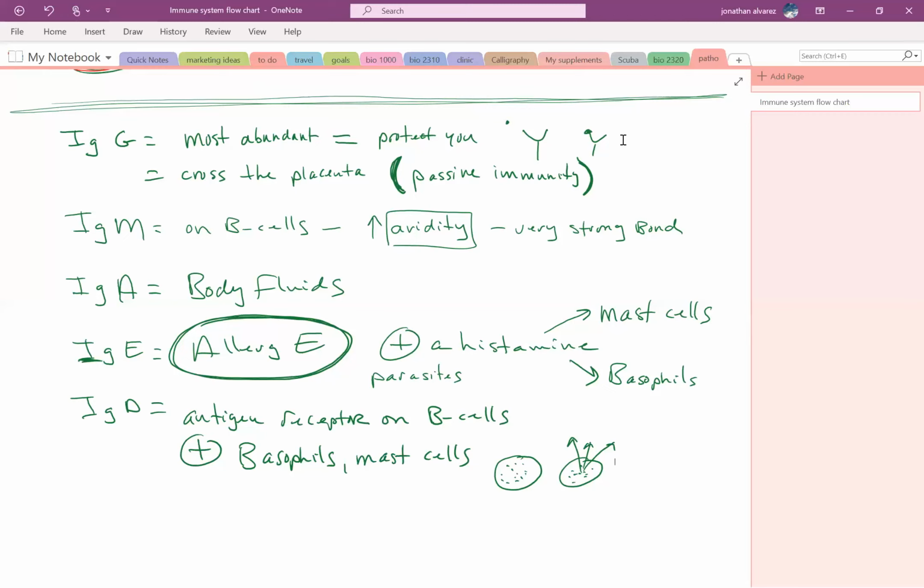So IgM is if you have it now, and by definition within 14 days. And then IgG is if you think you had it. So if you thought you had it like right now, and I test you for IgG, it's probably going to come back negative because your body hasn't had enough time to turn this stuff into the IgGs. Okay, so it takes about 14 days for that to happen.